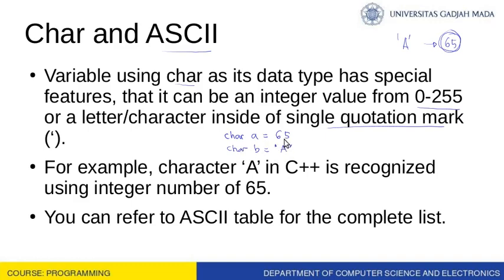So they are the same. And then, for example, the character A is recognized as 65, as in our previous example. And then you can refer to the ASCII table for the complete list. You can download it and you can see the conversion from letters or characters into numbers.